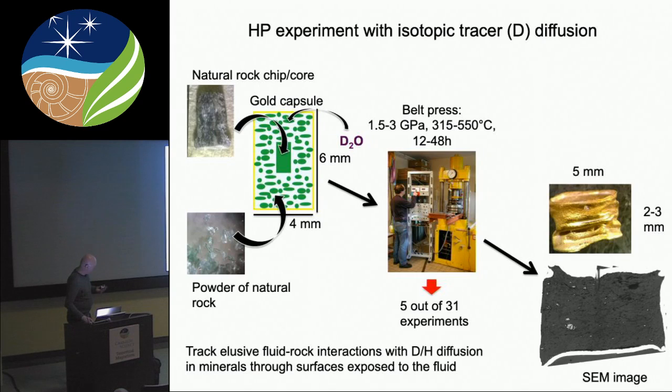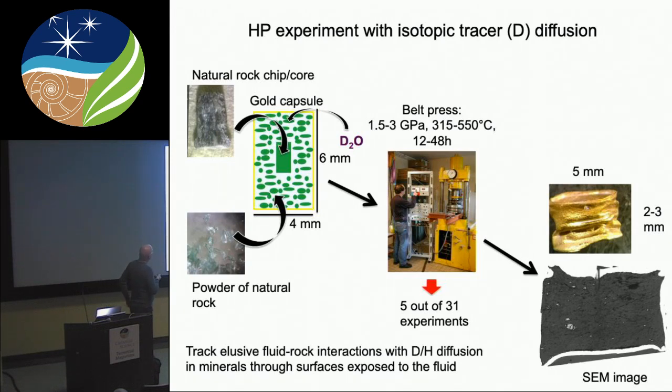And the way we did that is to do high pressure experiments where we use deuterium diffusion as a tracer to get an idea of the fluid-rock interaction during the experiment.